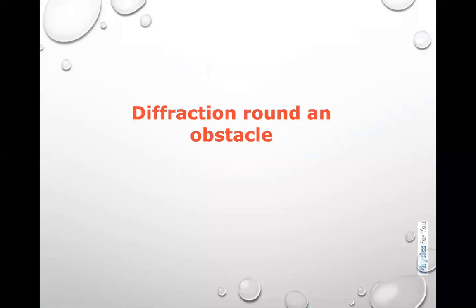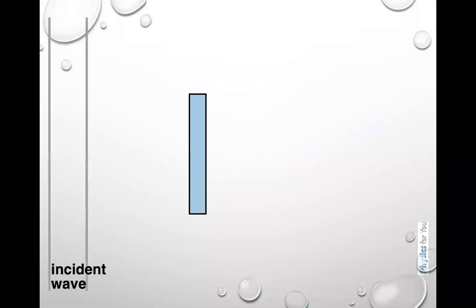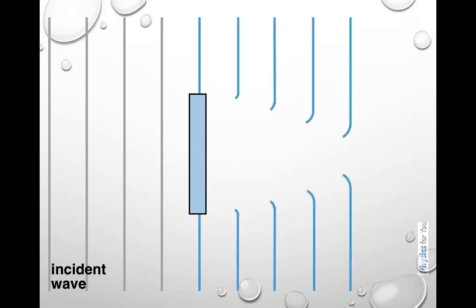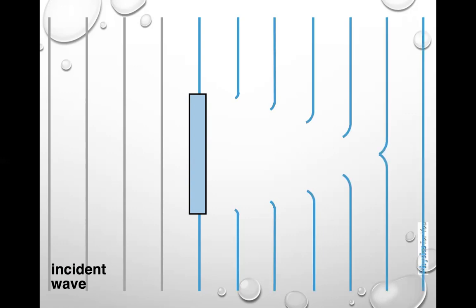If diffraction happens on an obstacle, what would happen? Here is the barrier, and when the incident waves find something to stop them, you can find that the diffraction would work like this. So there is an area in the middle where the sound is not diffracted.